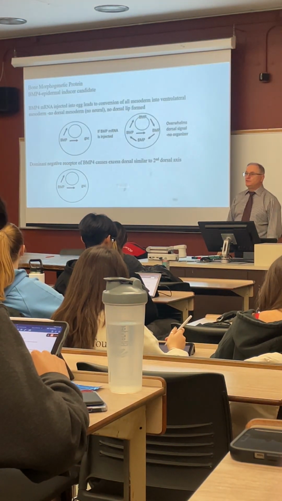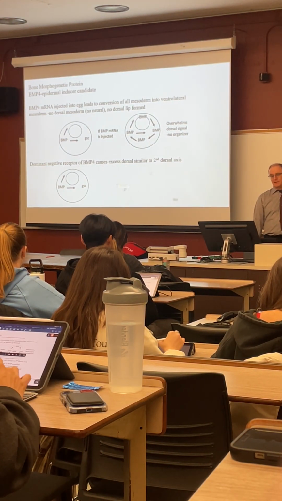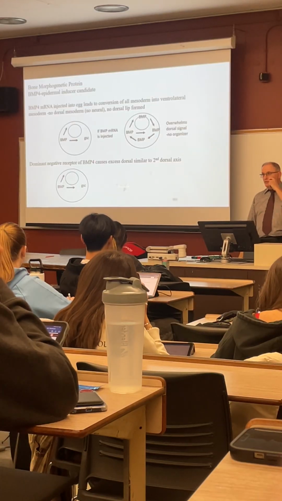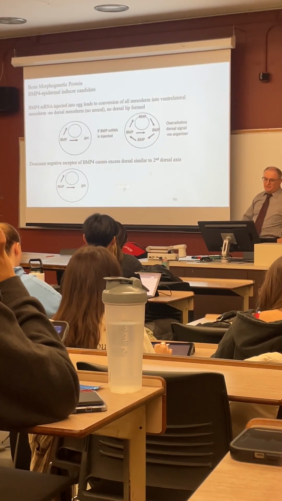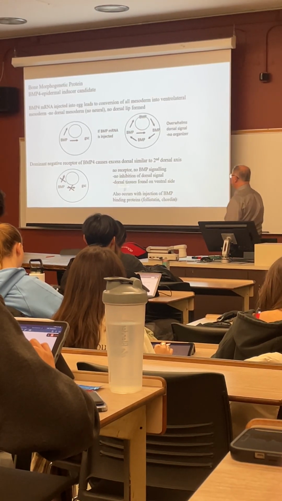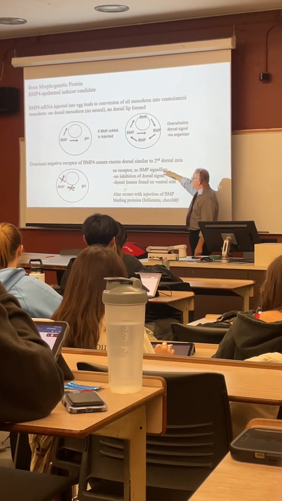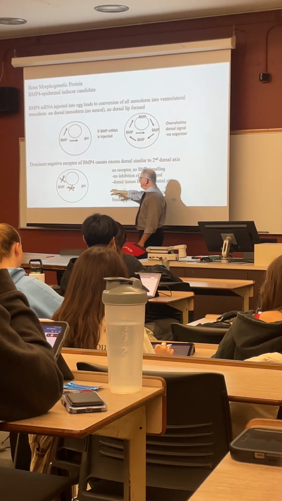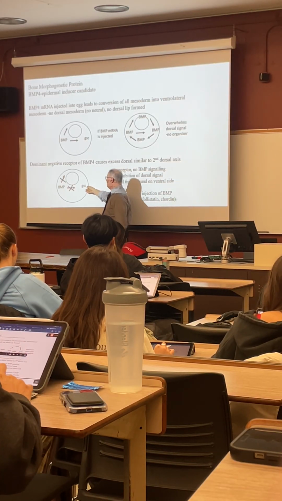The other thing you can do is knock out BMP. BMP works through the receptors, it's TGF-beta signaling. You can make dominant negative forms of the receptor so BMP cannot signal, right? So if you get rid of BMP, there is no BMP signaling. What happens is that the dorsal organizer spreads. There's nothing to inhibit dorsal, right?